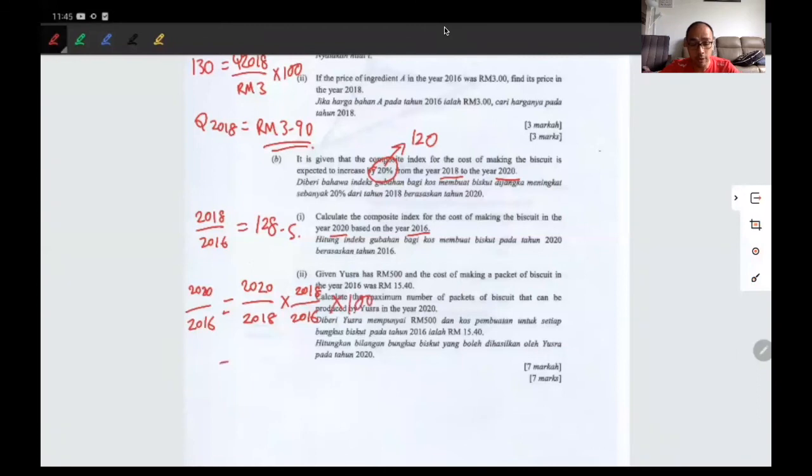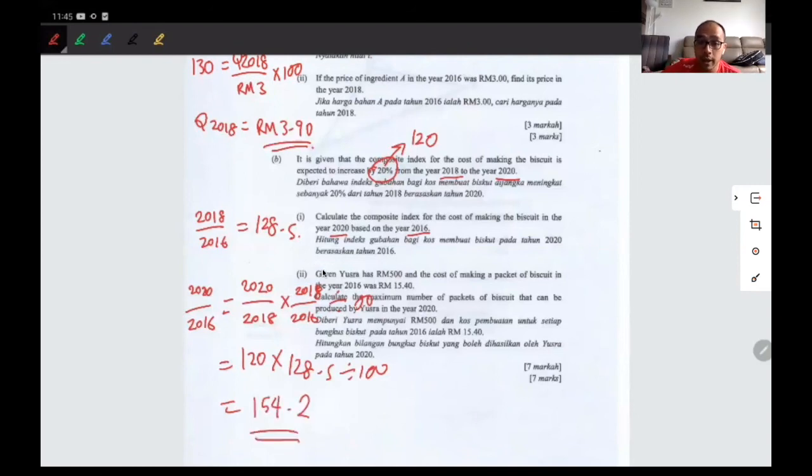Okay, so 2020 over 2018 is 120 divided by 100, times 128.5 divided by 100. Okay, and then what you will get is 154.2. Okay, from 2020 to 2016, you will get 154.2, which will be our final answer.